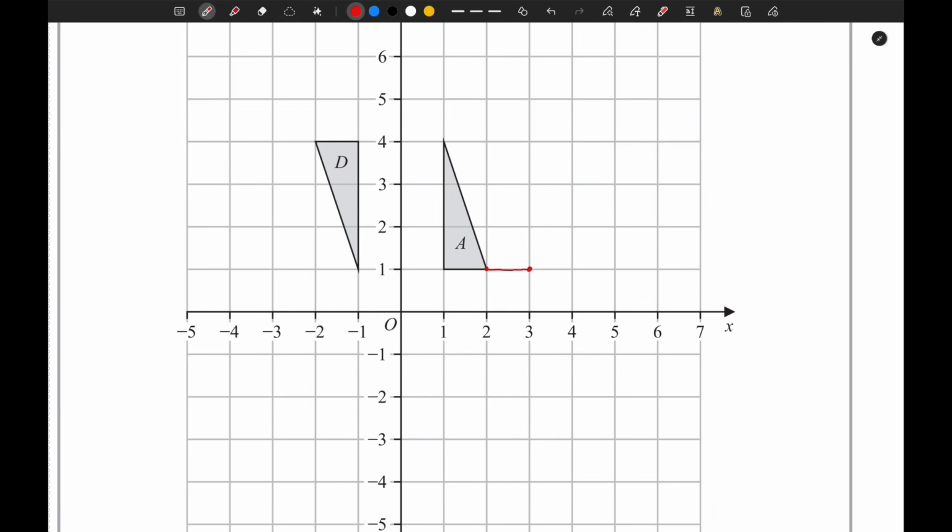So let's take this point. If it is rotated 180 degrees, it would be at this point, 4 and 1. And let's take this point. If I rotate this 180 degrees, it would be around 5 and minus 2.